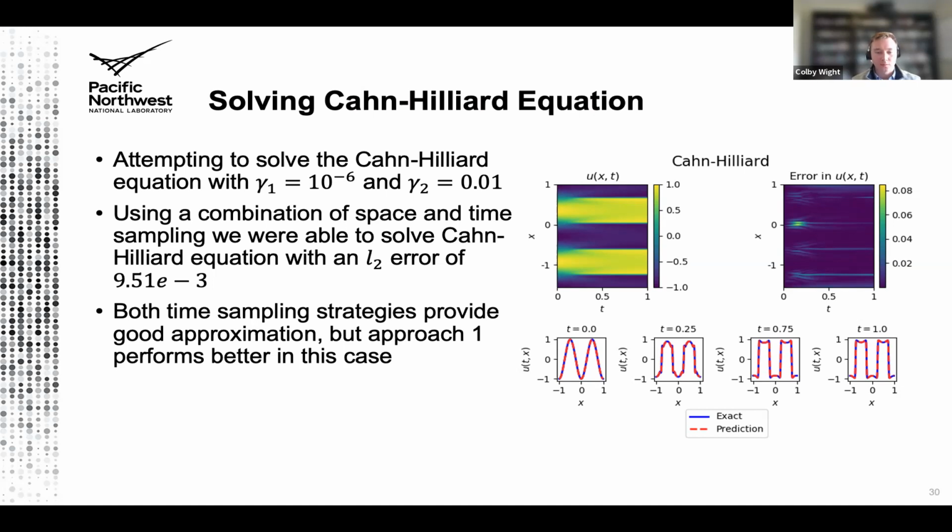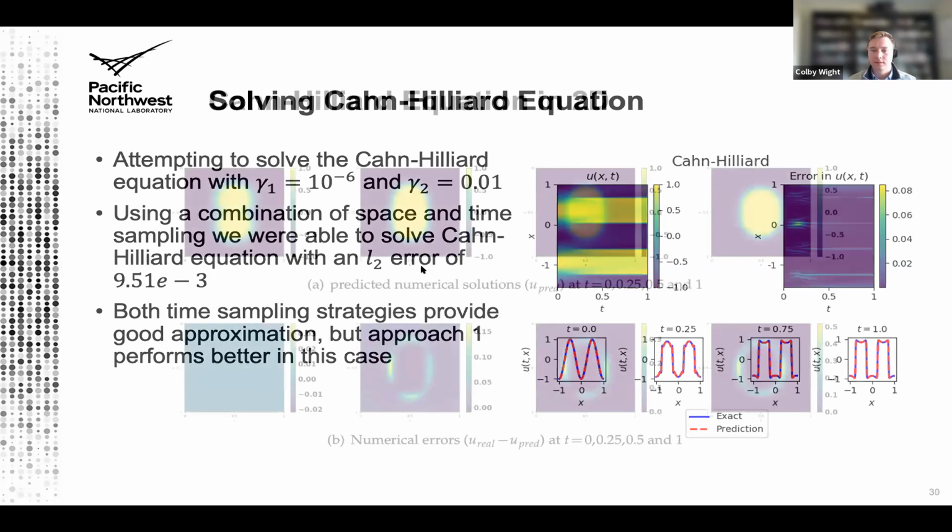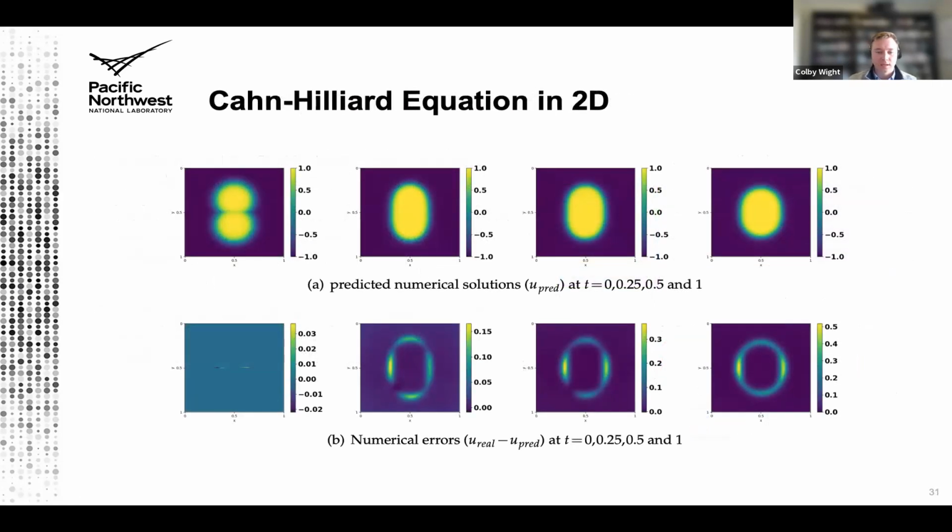And we found that, again, with this combination of space and time sampling, in this case time adaptive approach 1, we were able to solve this toy problem here with an error of 9.5e-3. And then looking at the 2D case where we have these two droplets that come together over time, we were able to model that as well.